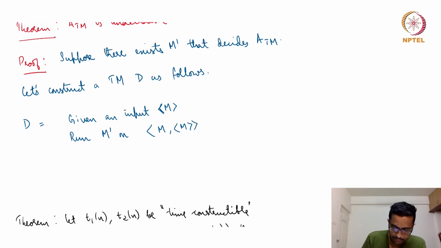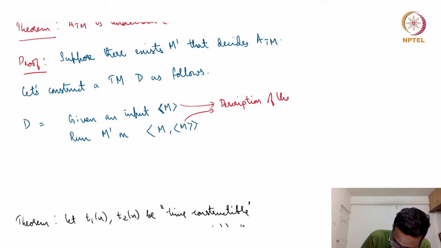So run M prime, which is an assumed decider, on this. So M prime is a decider, and these are the description of the Turing machine M.